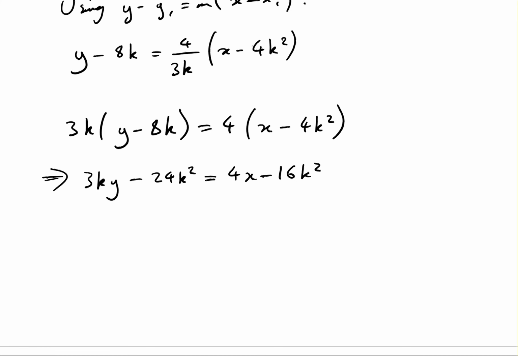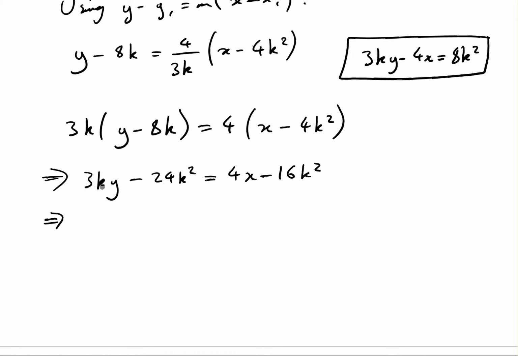Right, let's do a little bit more rearranging. Remember, I'll write down what we're after: 3ky minus 4x equals 8k squared. This is the thing which we're after. So we've already got the 3ky. Let's take the 4x over this side, because in the answer the 4x is on this side. So we've got the left-hand side.